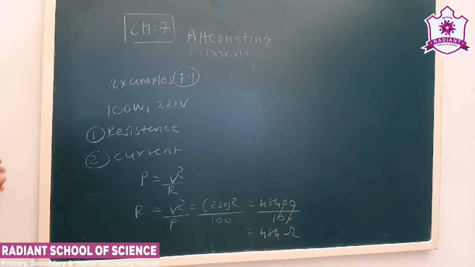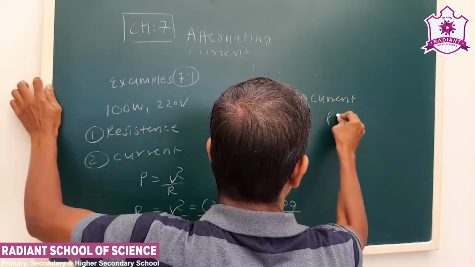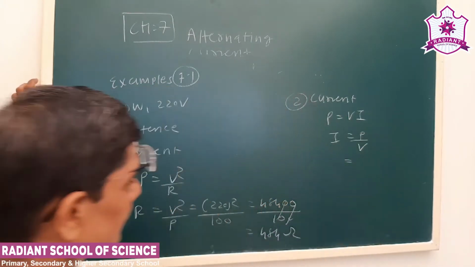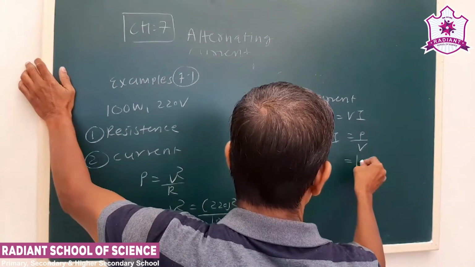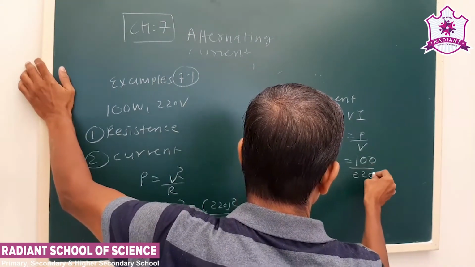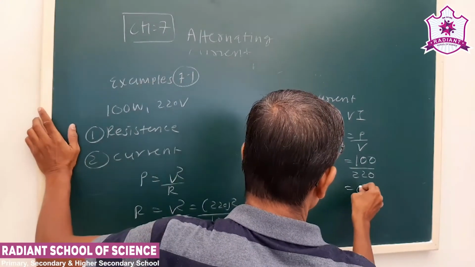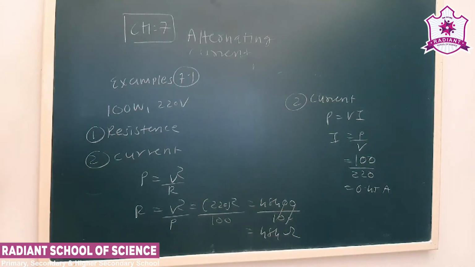Now the current part: we know the formula P is equal to VI. Here the bulb is only pure resistance, we do not consider any other component. So power is 100, voltage is 220, so we can solve as 0.45 ampere. So this is about example number 7.1.